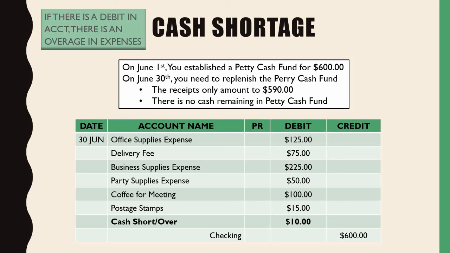Because we established our petty cash fund as $600, we're keeping it at $600, because we're not increasing it. And how we report that $10 shortage is with an account that says cash shortage or overage. Pretty straightforward, but again, I do not need you to really know this concept.